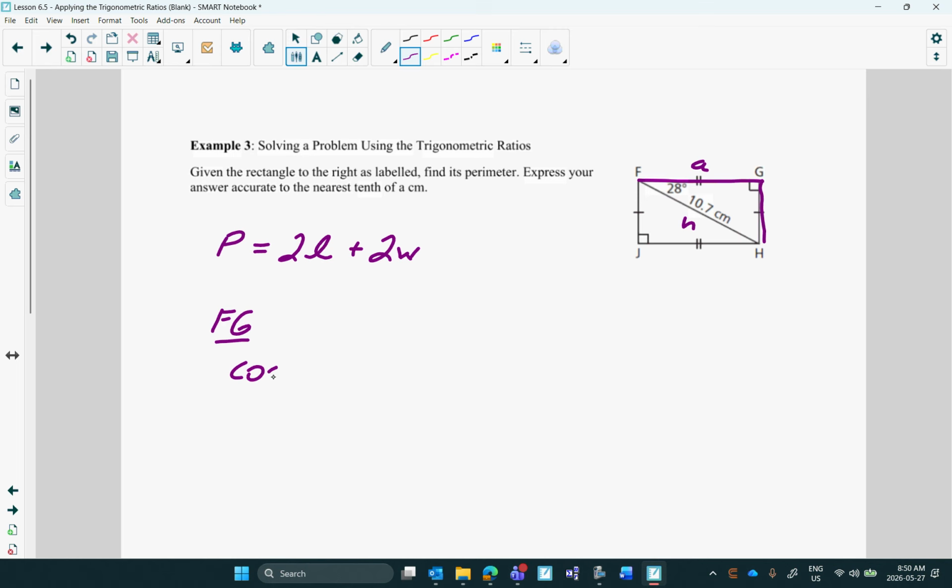So cos 28 degrees equals adjacent FG over hypotenuse 10.7.